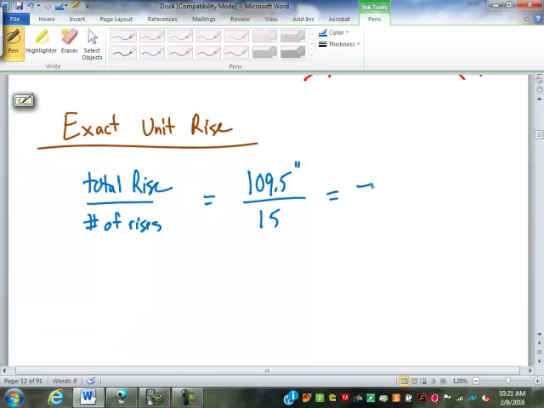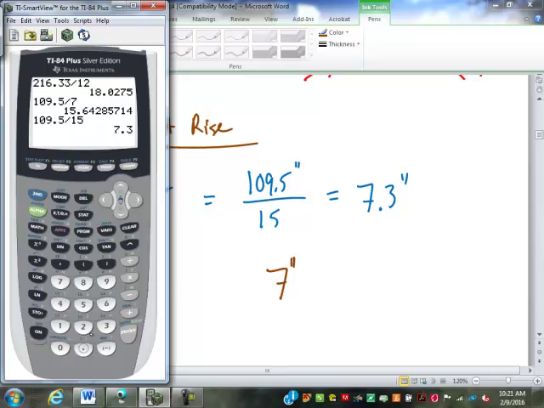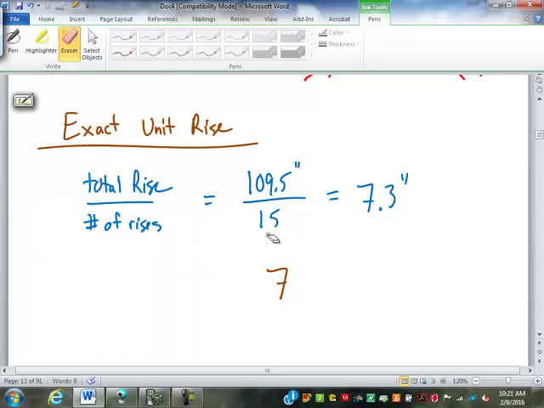So 7.3 inches exactly. So that is 7 inches. We're going to take the 0.3 times 16 will get you to a 16th. 4.8, so that's 5/16. So 7 and 5/16.